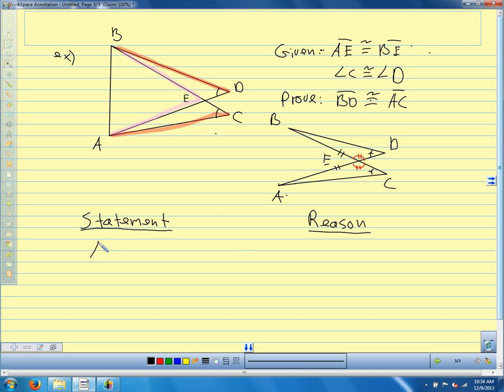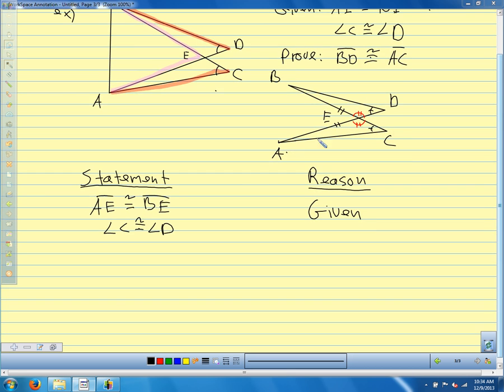All right, so let's write our givens. AE is congruent to BE. Angle C congruent to angle D. And that is given. And I redrew my picture here so we could see what was going on more easily. We said that, let's name these angles.